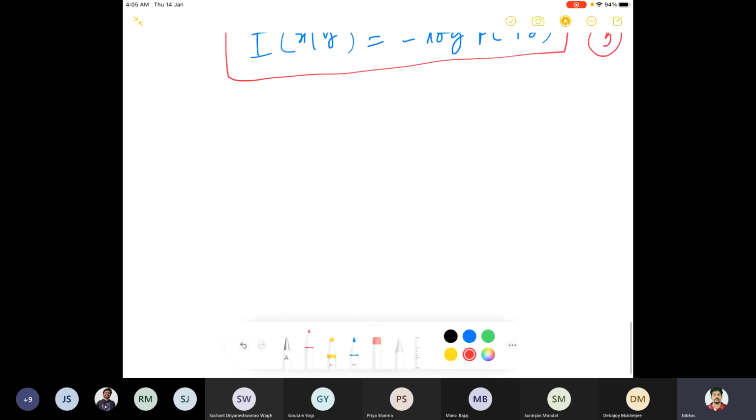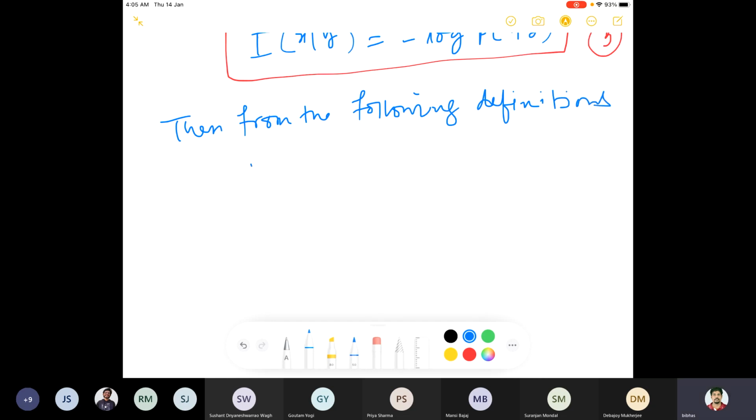This is just an observation. From the following definitions, what insights do we have? One was I of x given y, which is log of p of x given y by px.